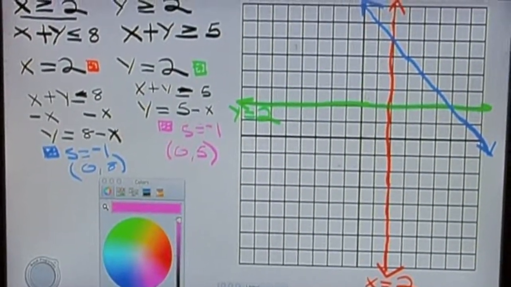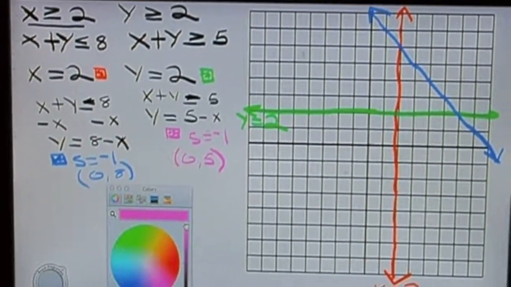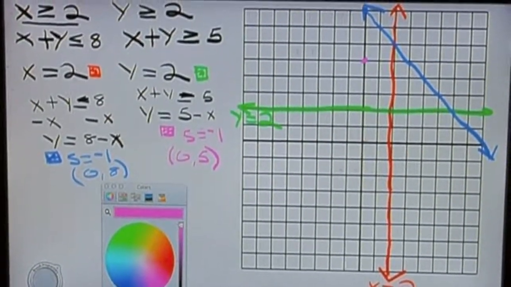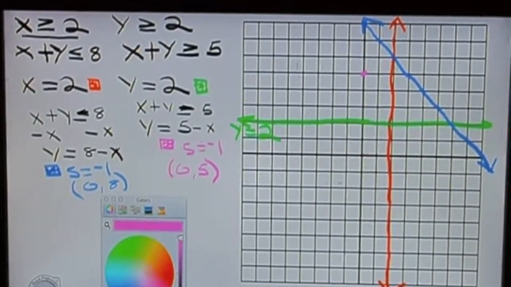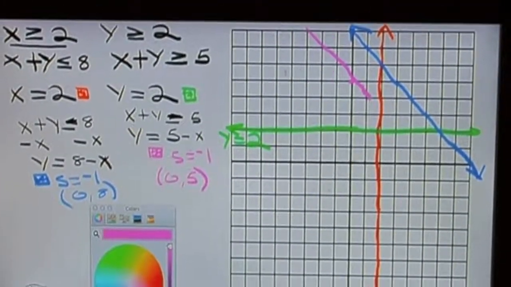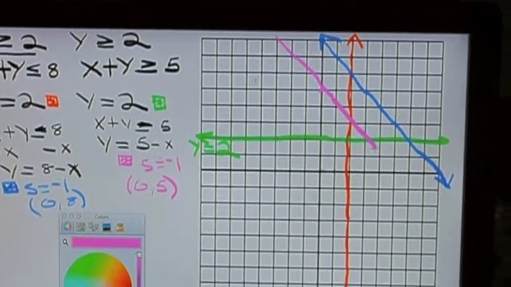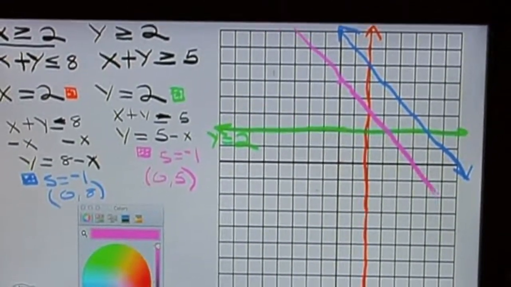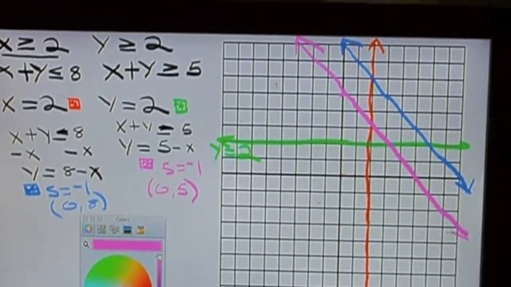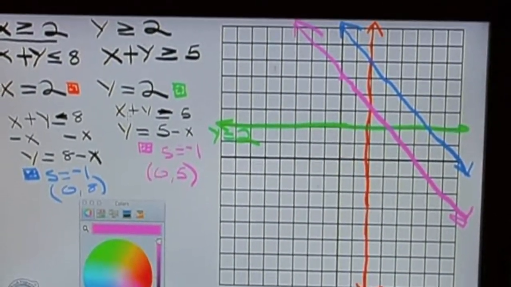So you do the same thing, except you come up 5, and you will start from up here. Then Crystal will explain the next part of shading.